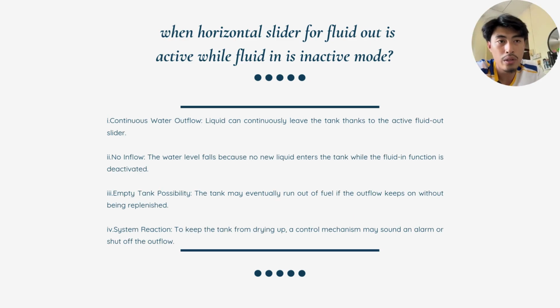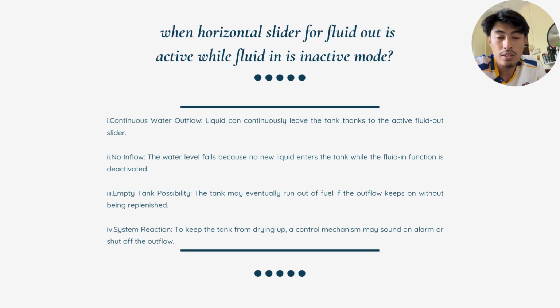Okay, next is when the horizontal slider for fluid out is active while fluid in is inactive. Number 1 is continuous water outflow. Liquid can continuously leave the tank thanks to the active fluid out slider. Number 2 is no inflow. The water level falls because no new liquid enters the tank while the fluid in function is deactivated.